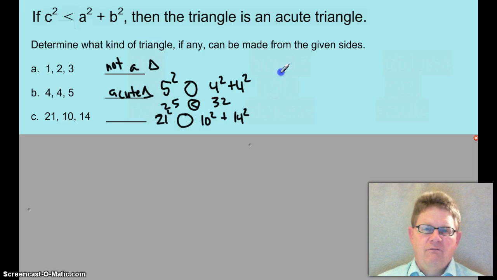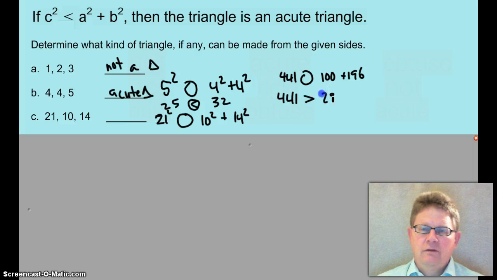So that would be 441 compared with 100 plus 196. 441 is greater than 296. This would be an obtuse. Wow, might help if I spelled it right. This is an obtuse triangle.